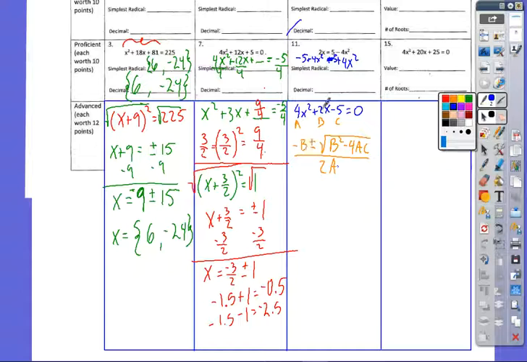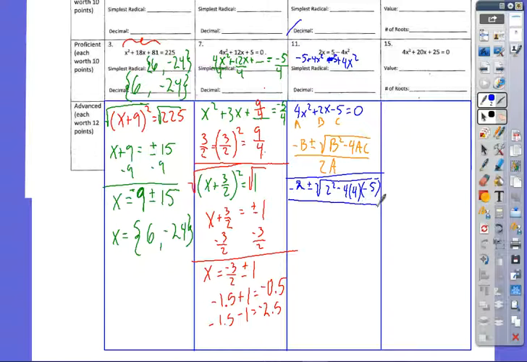B is 2. So we have negative 2 plus or minus the square root of 2 squared minus 4 times a, which is 4, times c, which is -5. And that is all over 2 times 4.